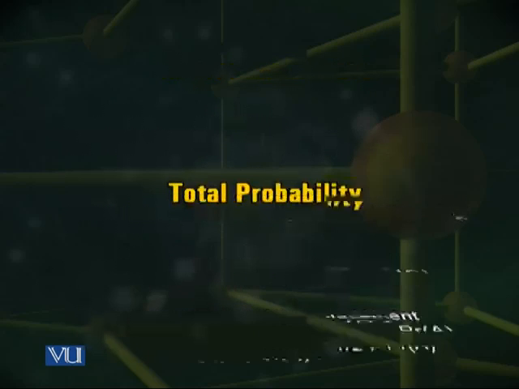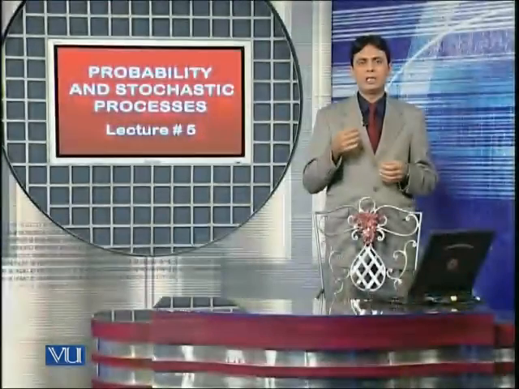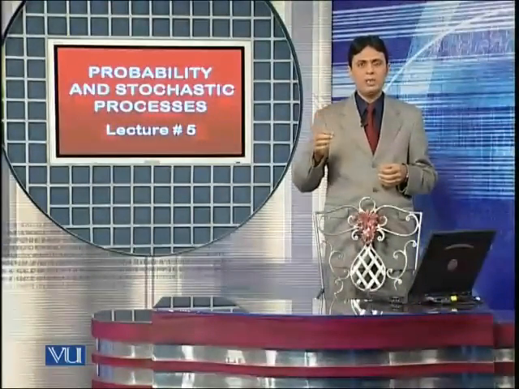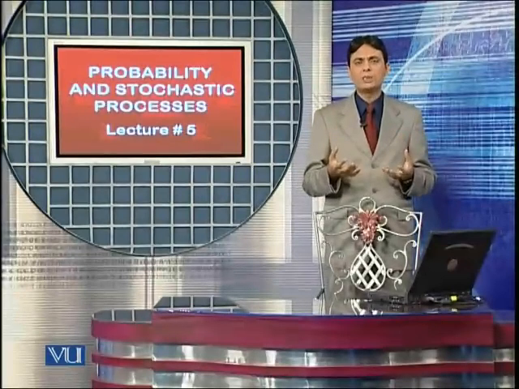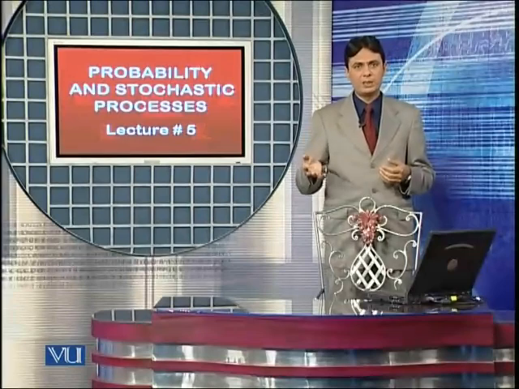Now let's talk about the concept of total probability. In most complex experiments, an event occurs through many possible multiple paths. When I say complex experiment, I mean multi-part experiment.